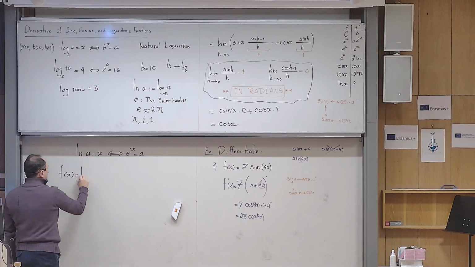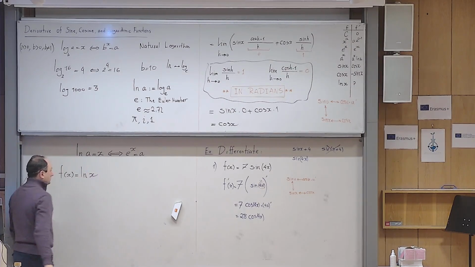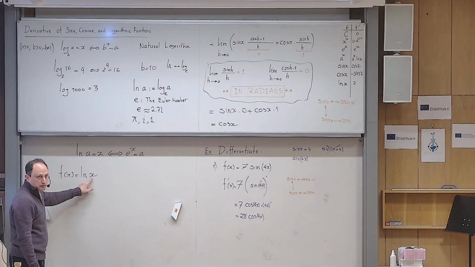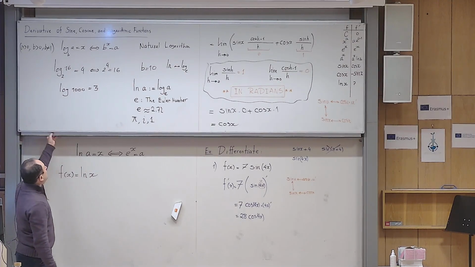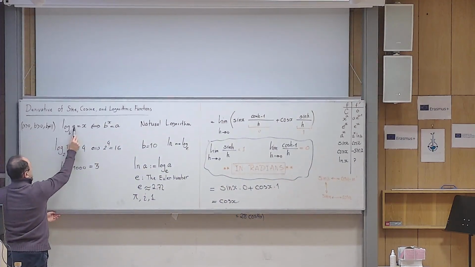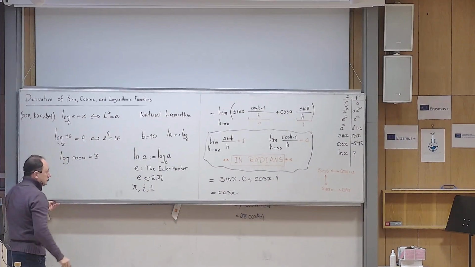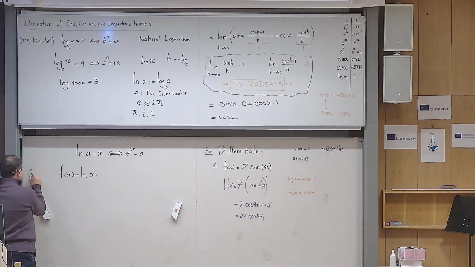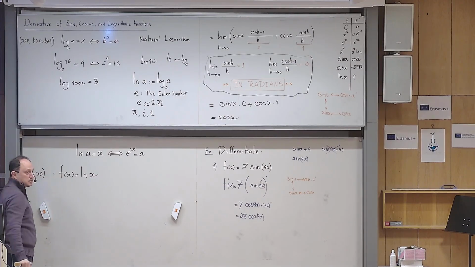But the question is, if I have this function, f of x equals ln of x, by the way, can x be negative? You see, for every logarithm, the number sitting in front should be positive. So this is not defined if x is negative. So whenever you see this function, implicitly it means that x is positive.